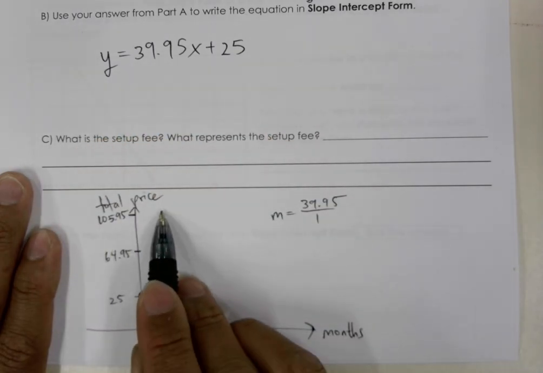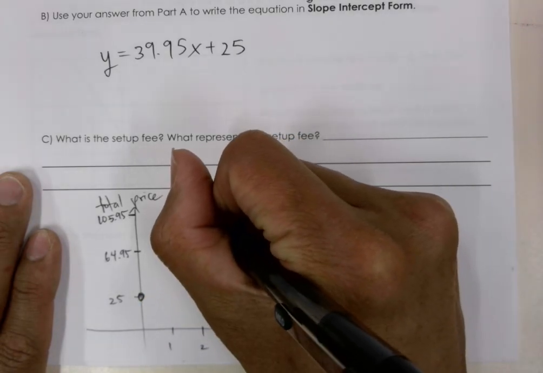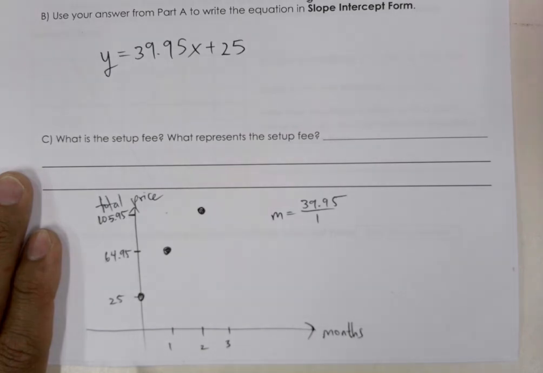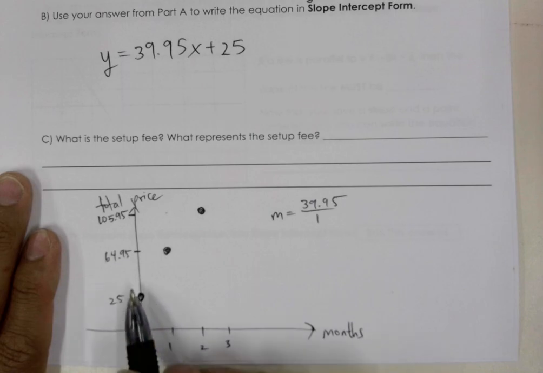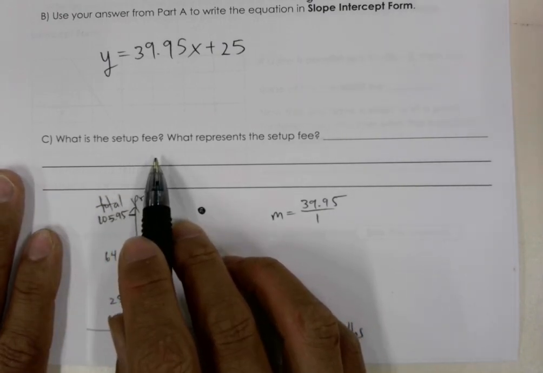And we would go up 39.95 and move over 1. So that would put our next point on the line over here. So what does this tell us? That if we want service for 2 months, the cost is going to be $105.95.